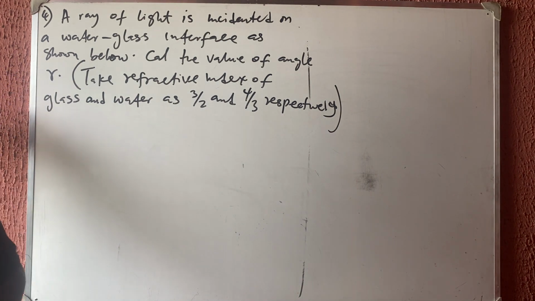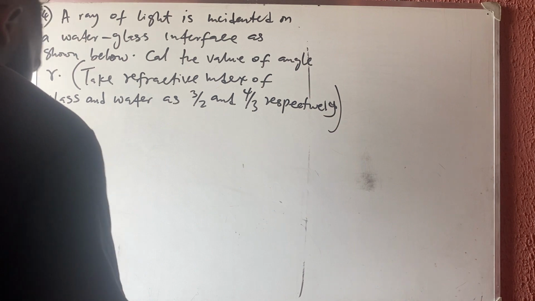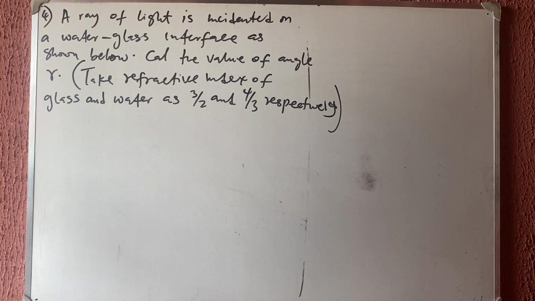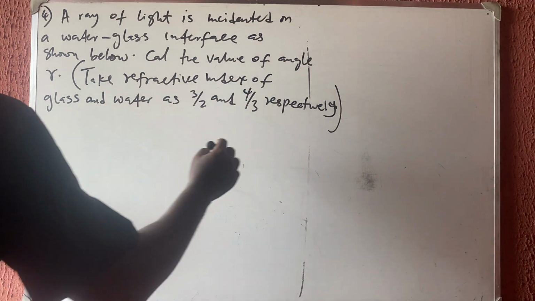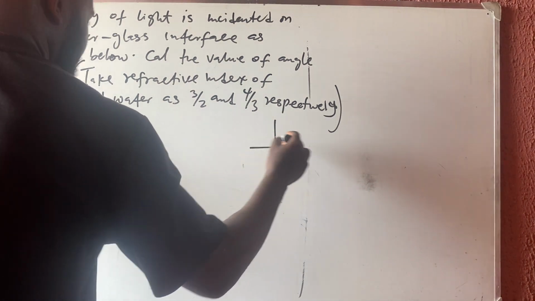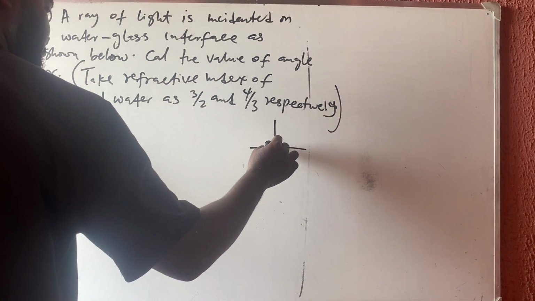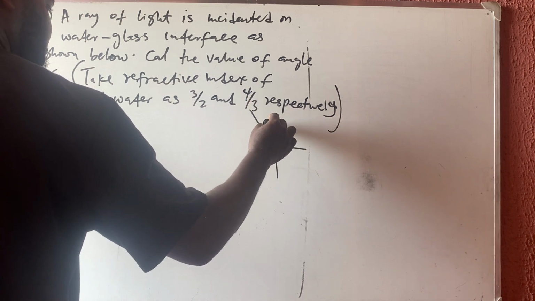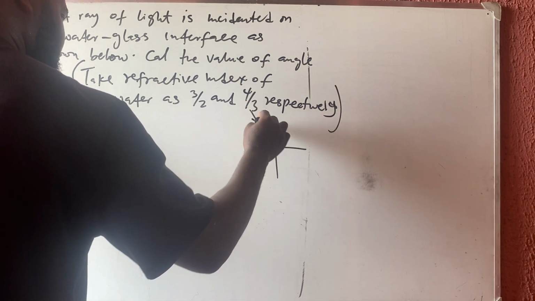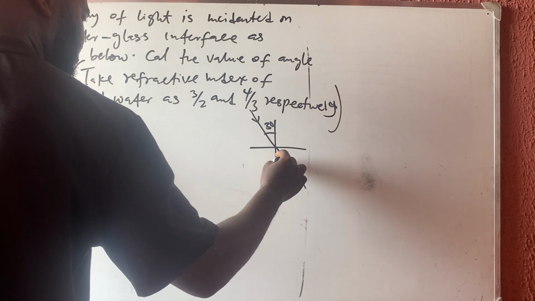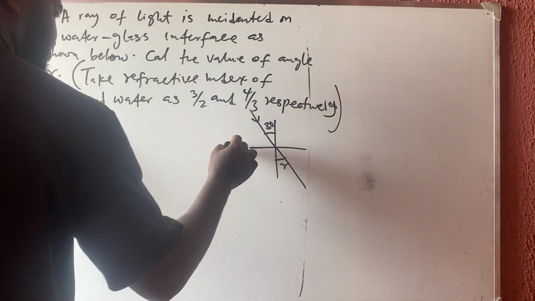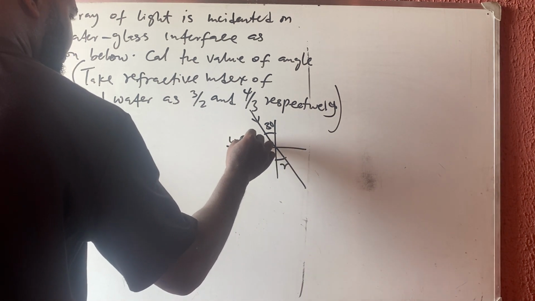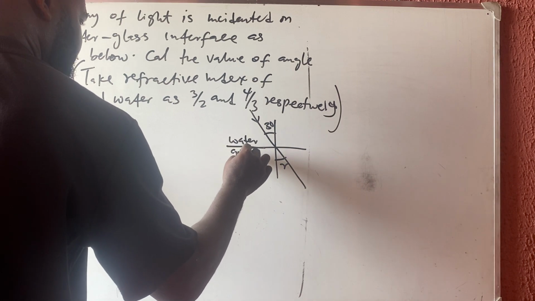So the diagram they gave us here, they gave us water. So they drew this thing like this. As shown below, they gave us that here is 30 coming this way, and then they say that here is R, and here is water, and then glass.